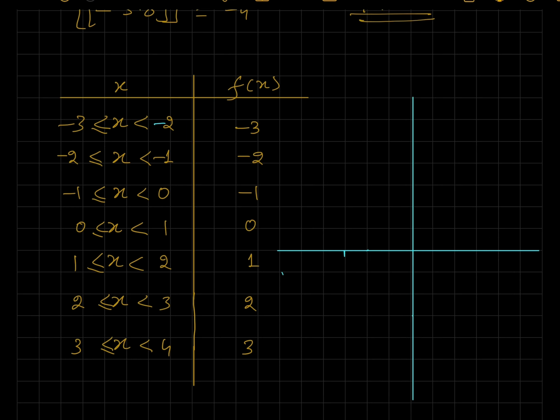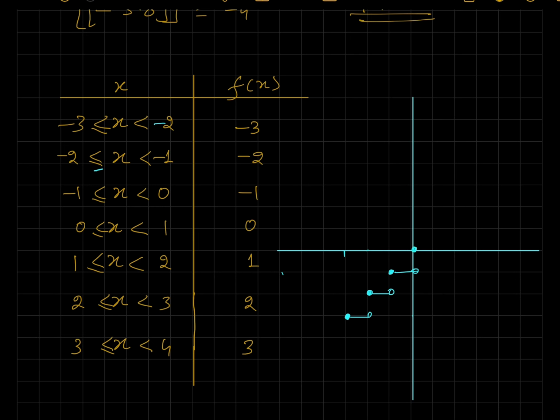Since it is greater than or equal to, at negative 3 there would be a solid dot, and at negative 2 it would be open, and all these values are equal to negative 3. In the same way, for negative 2 to negative 1, here it would be a solid dot, and at negative 1 it would be open, and this way we will plot. Now you can easily do it.